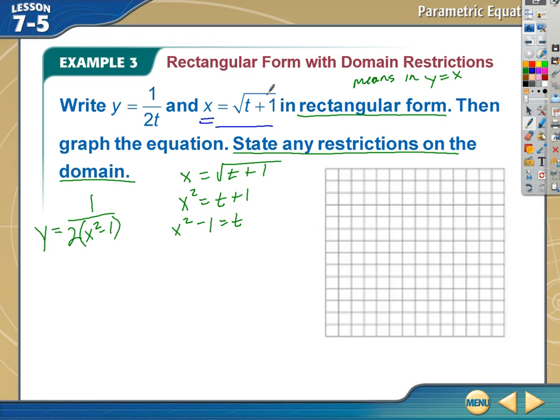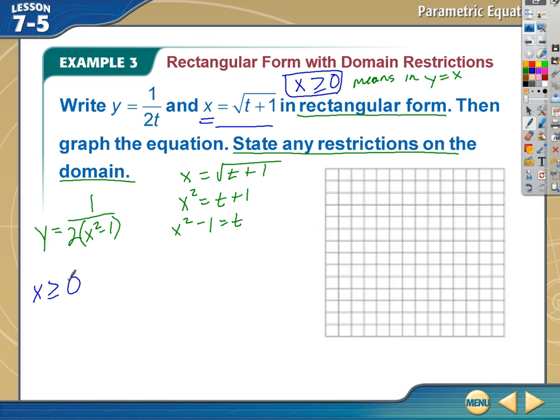So in my parametric equation, x is always going to be greater than or equal to 0. I keep that, and that carries through to over here. So right now my domain is set up where x has to be greater than or equal to 0.